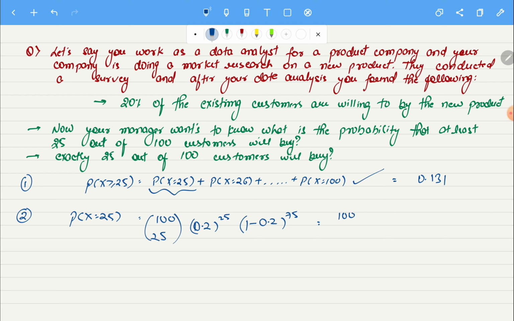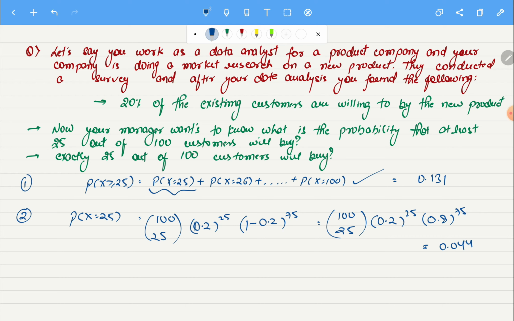So this will be 100 choose 25, 0.2 to the power 25, 0.8 to the power 75. So this will be equal to 0.044. Again, this value also I calculated using the SciPy package. So I will show you now how you can do that.